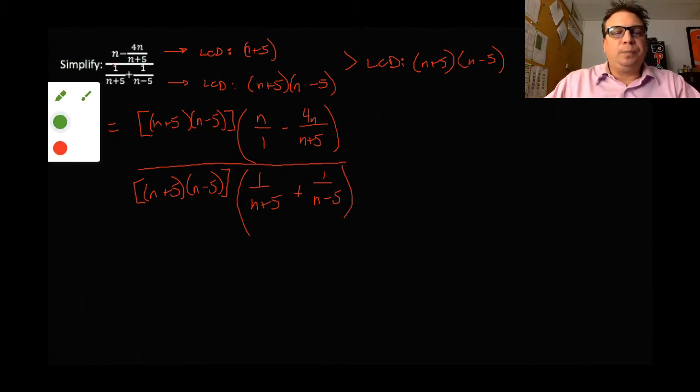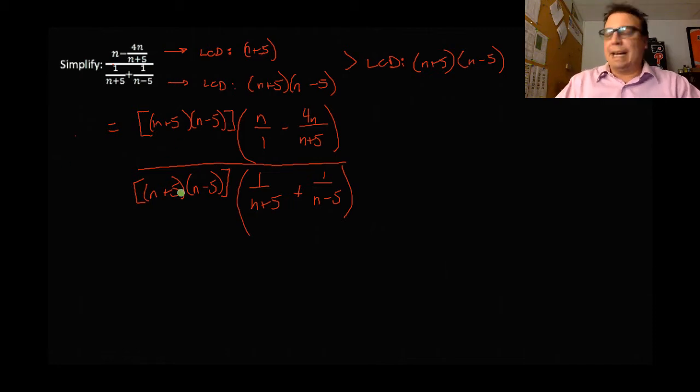All right, so whenever we have something on the outside and we're multiplying, we distribute. Well, you have to do the same thing, but you have to consider this n plus 5, n minus 5 as what's being multiplied by each thing. And I'm going to do that for both of these, okay? But I'm going to show all the steps for it, okay?